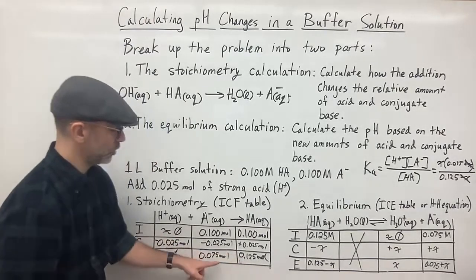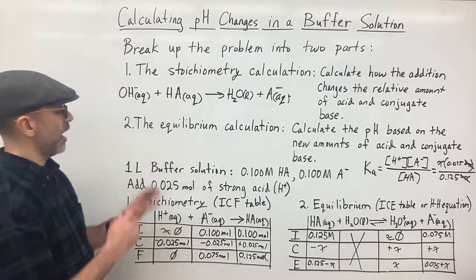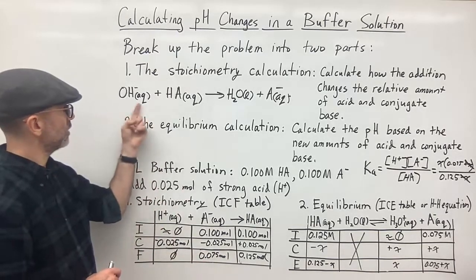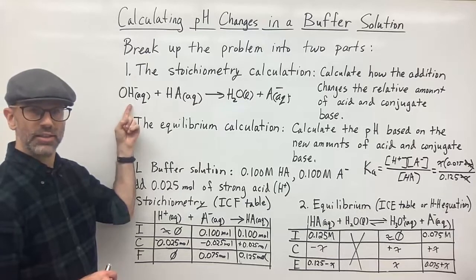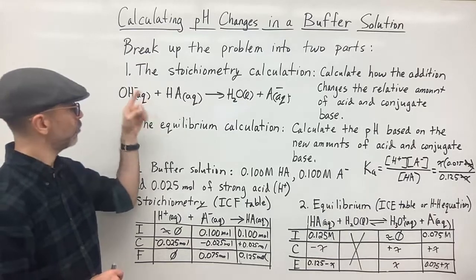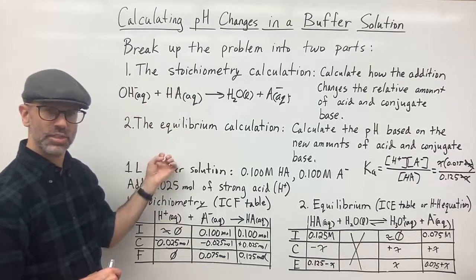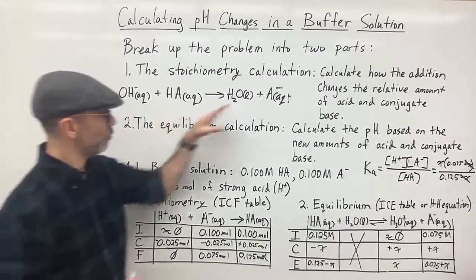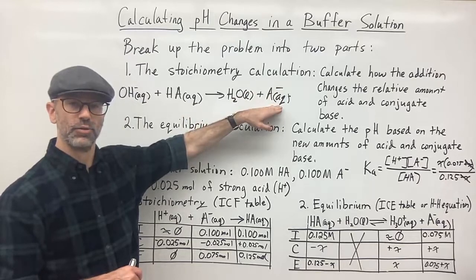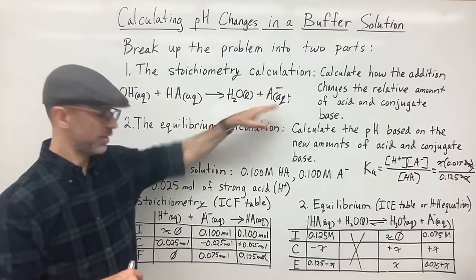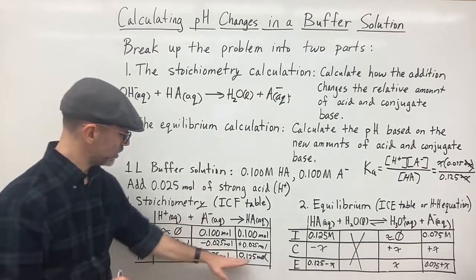So these numbers would be switched because when I'm reacting a strong base, I'm reacting that with the weak acid. That's going to decrease the amount of weak acid and therefore increase the amount of conjugate base I have.